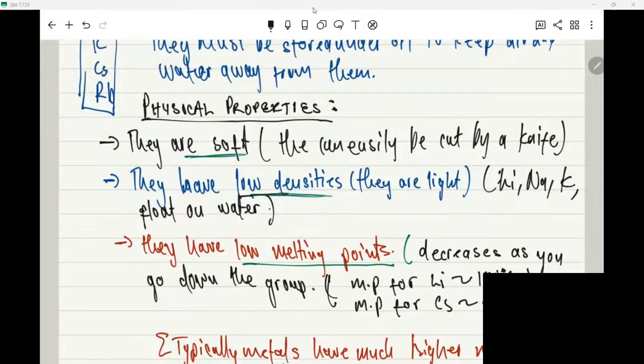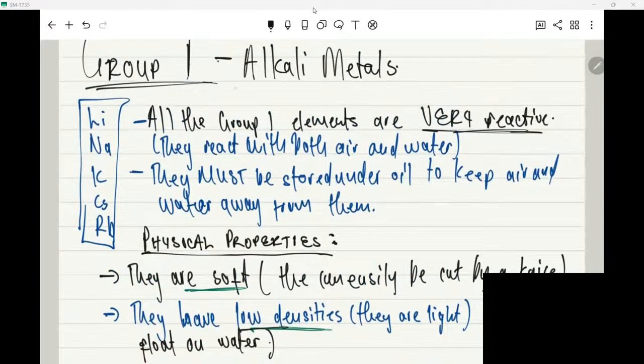Now for chemical properties, we say that they are very, very reactive with air and water. You can also talk about how they react with water to form alkaline solutions, but that's not important; you talk about it more when you talk about metals.